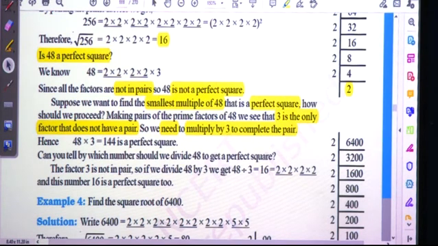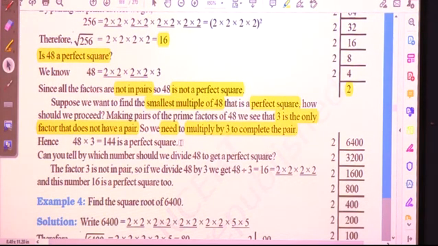Pair means what? 2, as we know very well. So, we have to multiply by one more 3. Hence, 48 into 3 is equal to 144, which is a perfect square.